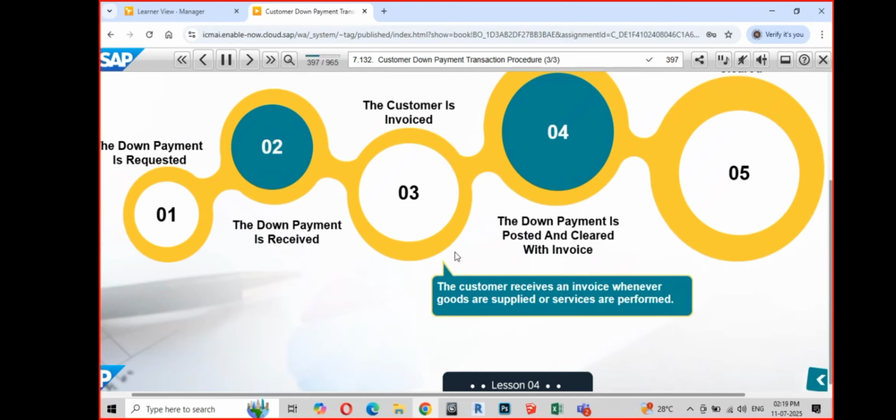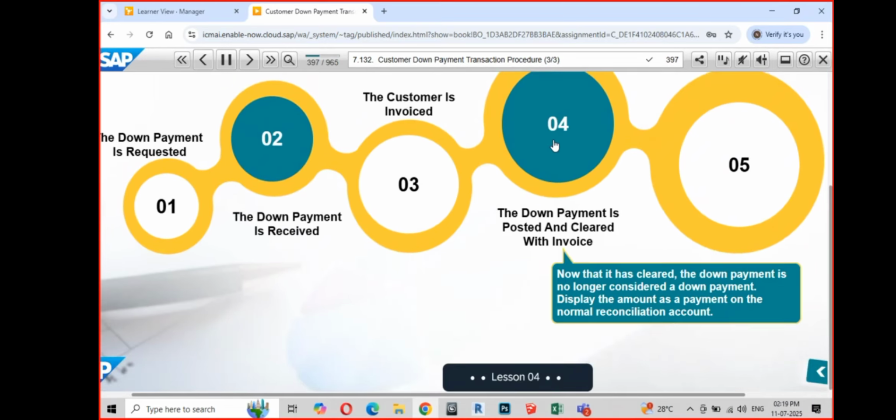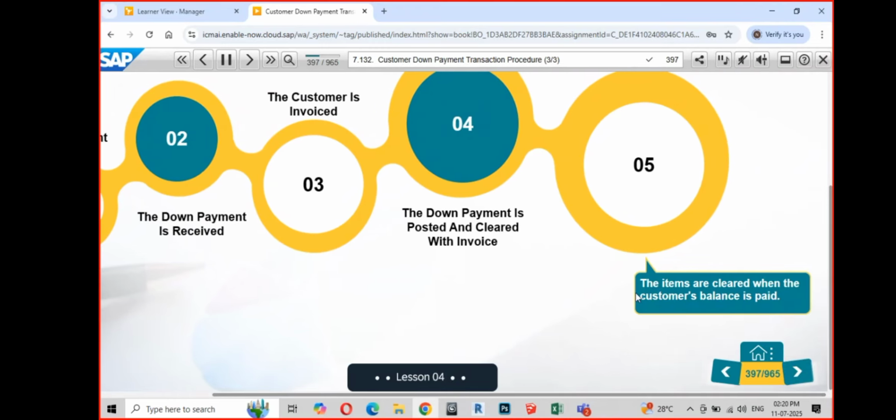The down payment is matched against the invoice and cleared. The items are matched and the advances are subsequently cleared. So there is no indication in the SAP system that there is an advance.